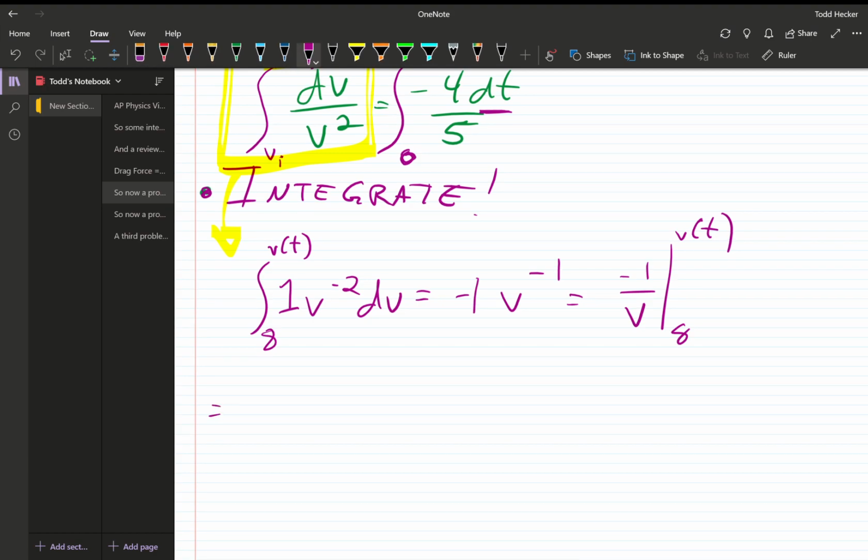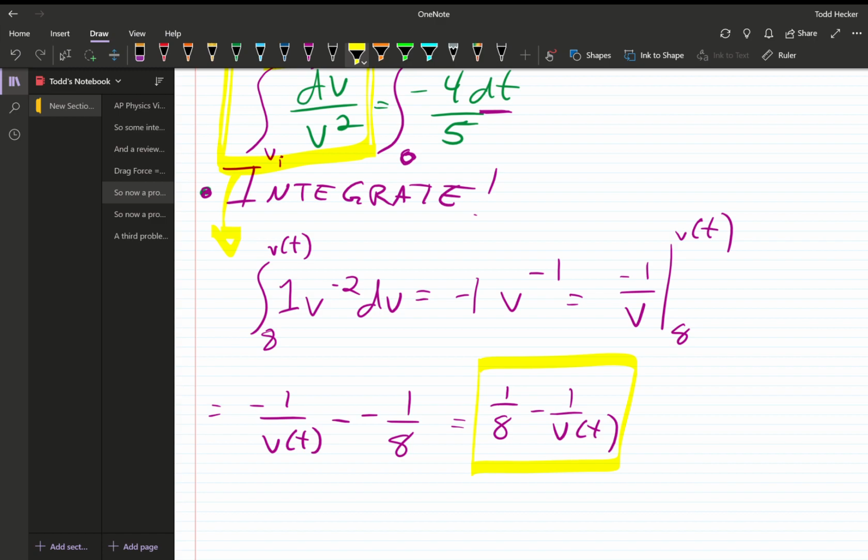Remember, you always do final minus initial. So this is negative 1 over v of t minus negative 1 over 8, so you're going to get 1/8 minus 1 over v of t. That's the yellow side of this equation.